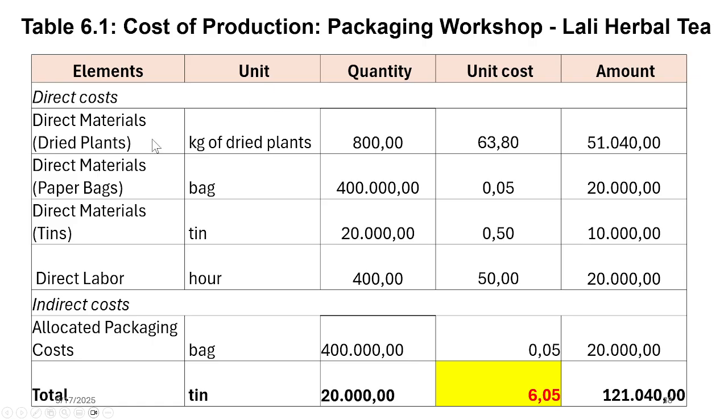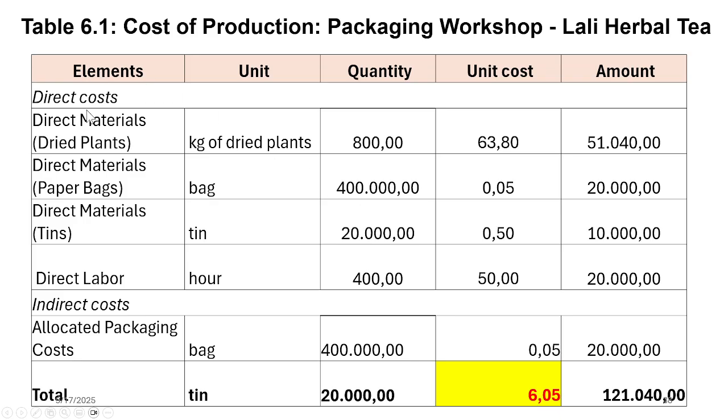I already explained that the direct material used in this workshop is 800 kilograms, the quantity of dry plants. The direct material paper bag used is 400,000 empty paper bags, and the quantity of the empty dry packaging is 20,000 tins.